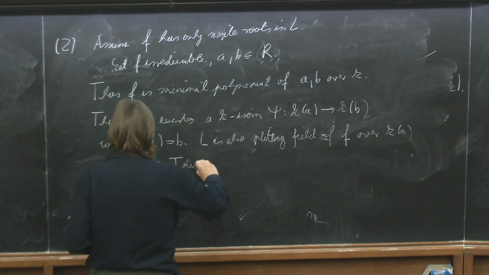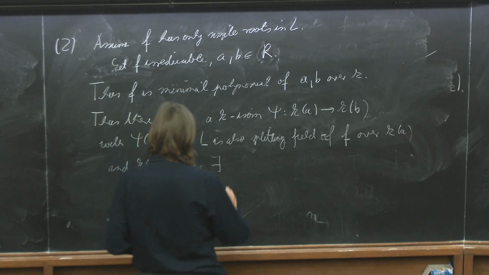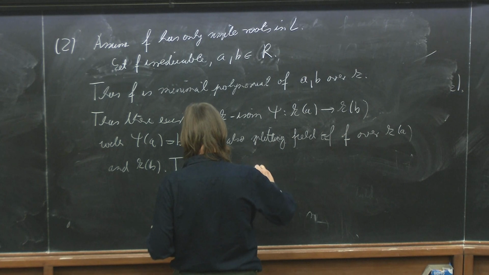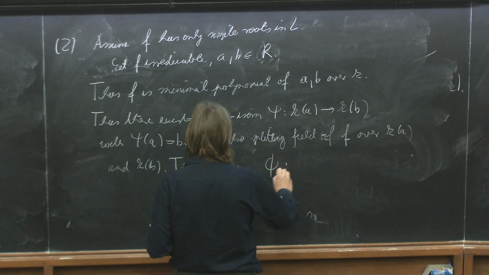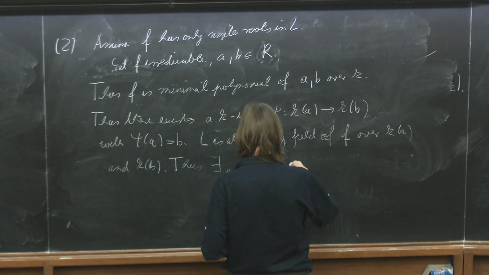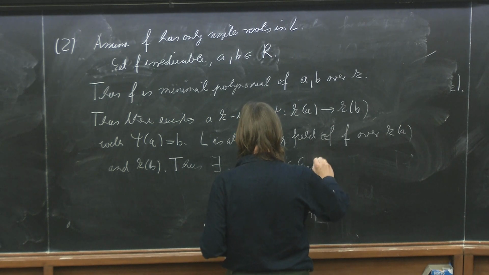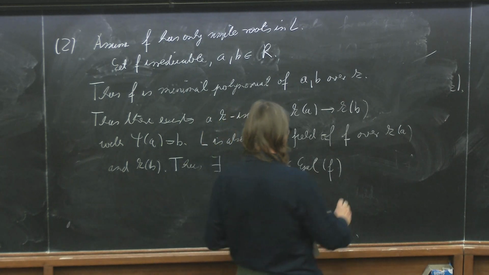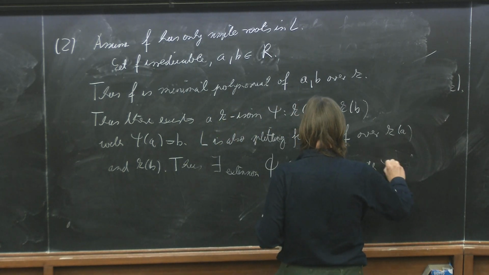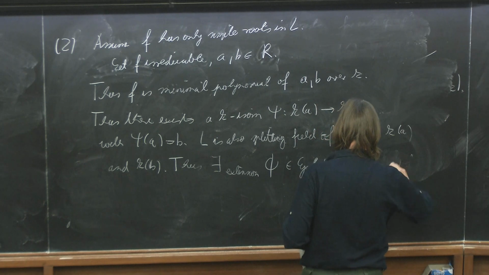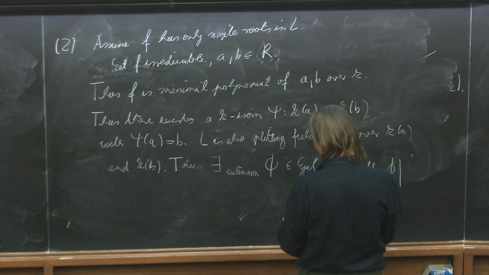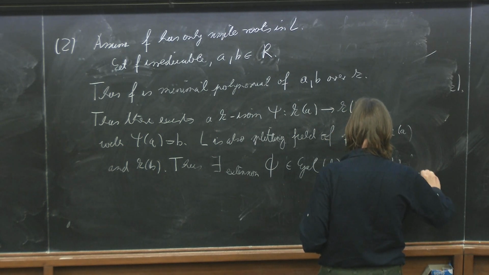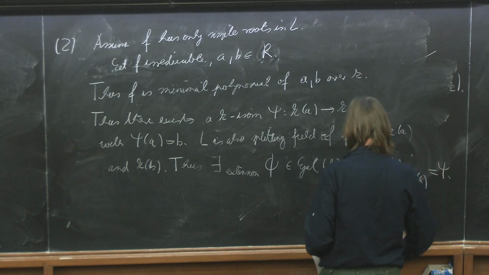Thus, there exists an extension phi, which is an element in the Galois group of L over K, so the Galois group of F, with phi restricted to K(A) equal to psi.